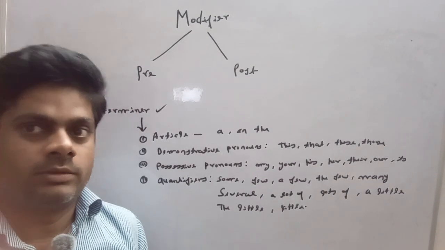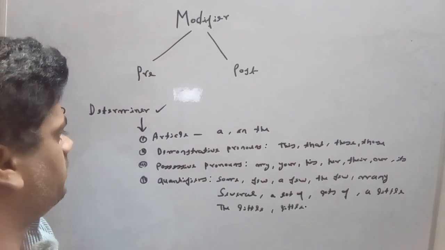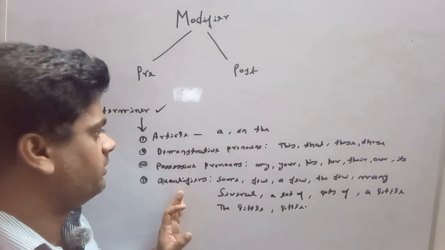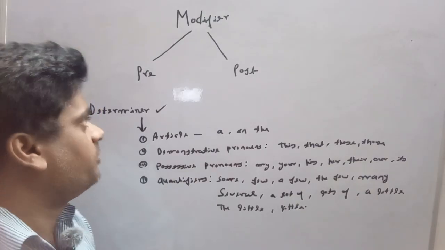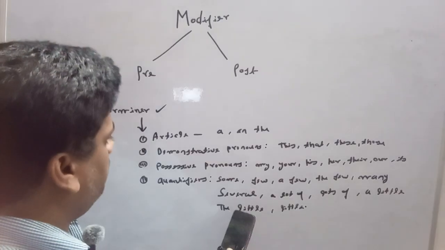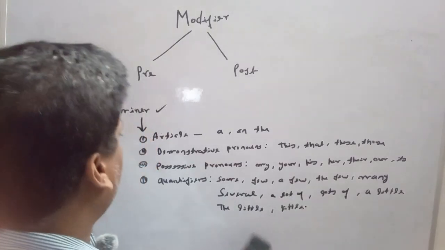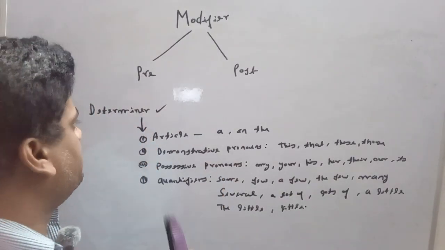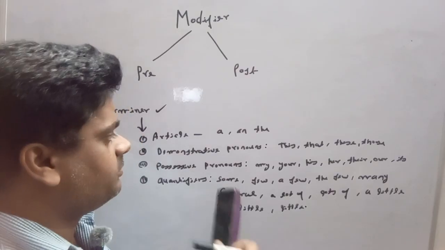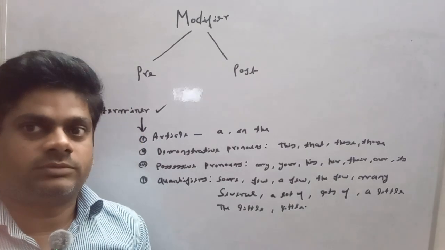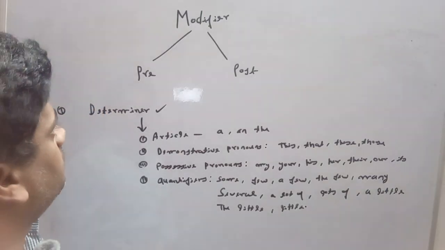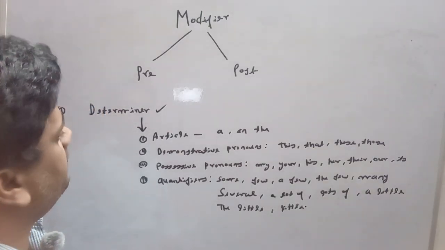So guys, please look at these determiners which can work in a sentence as a pre-modifier. All the above mentioned pre-modifiers can modify a noun in a sentence. These pre-modifiers can work in a sentence and they can modify a noun.